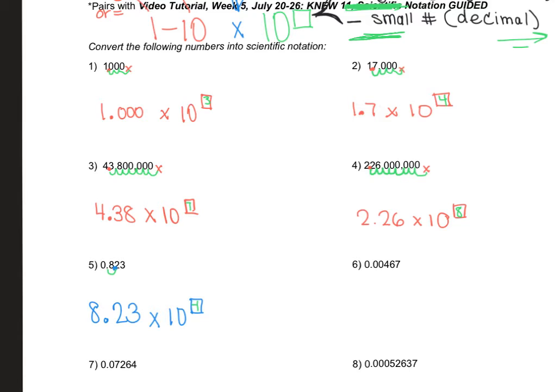All right, so here, I need to be between 1 and 10, so I'm going to put it here: 4.67 times 10 to the what? How many times do I move the decimal? 1, 2, 3. So it's -3 because I started small.